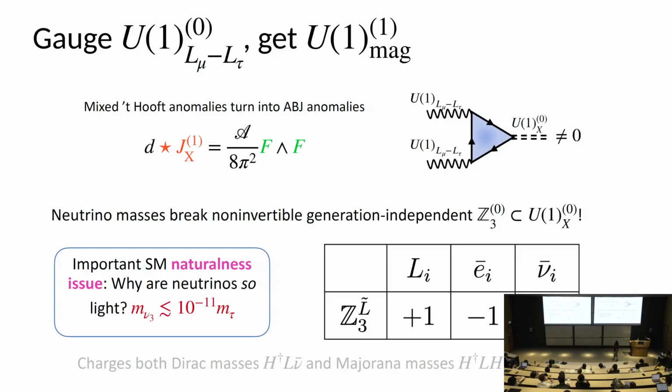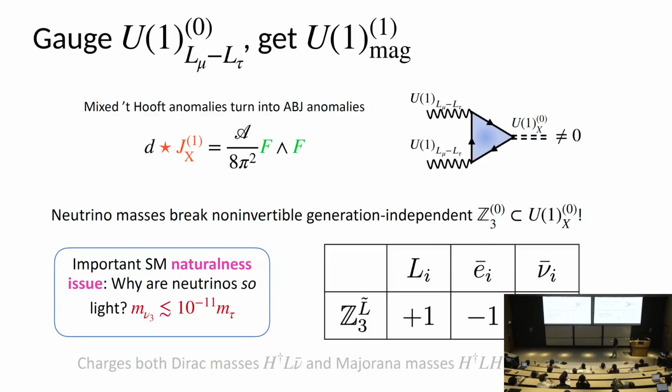So let me remind you why that's interesting: there's this important standard model naturalness issue, which is, as the standard model was originally formulated, neutrinos were exactly massless. Now, decades later, we know they are massive, but they have very, very tiny masses. Comparing the heaviest charged lepton to the heaviest neutral lepton, the hierarchy is about 10 to the 11, a crazy splitting. So why in the world could this be?